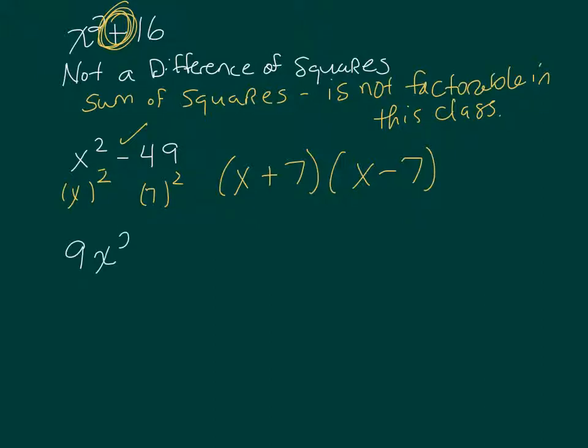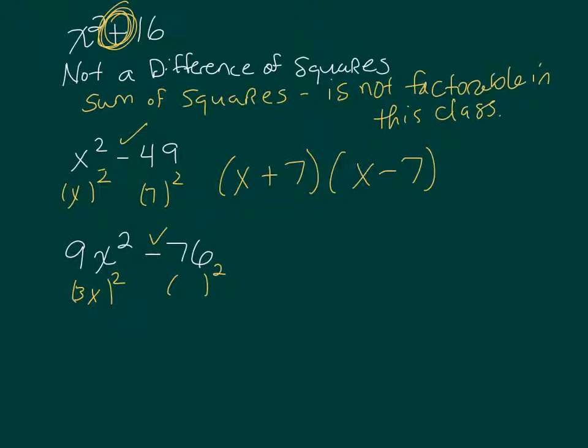What about 9x squared minus 76? It's a difference, so we've got that. What can I square to get 9x squared? Well, I can square x to get x squared, and I can square 3 to get 9, so 3x squared will be 9x squared. What can I square to get 76?